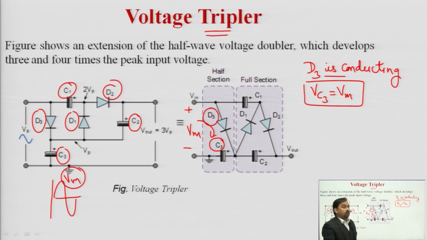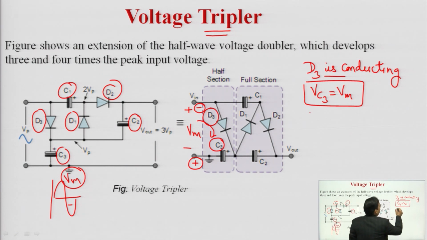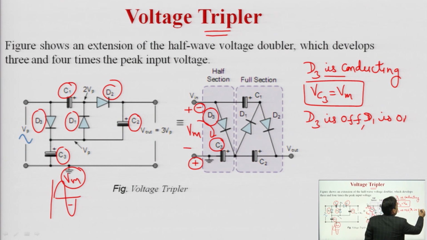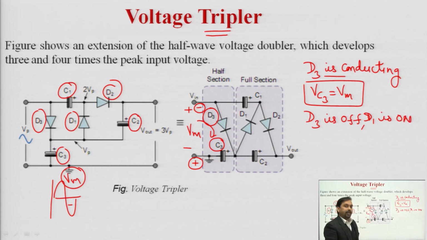After that, let us assume a negative cycle. This terminal will now become positive and this terminal will become negative, something like this. In this scenario, this diode D3 is non-conducting, D3 is off, and D1 is on, or D1 is in the conducting state, meaning the current will now flow in this particular manner.